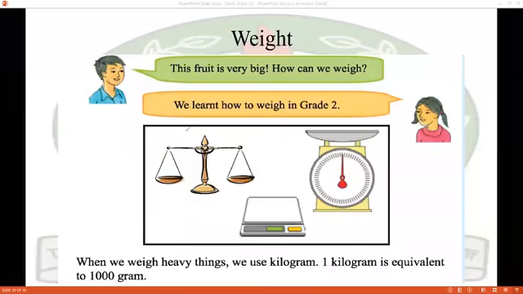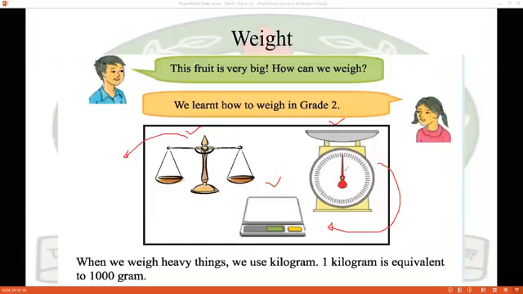This is a physical weighing device. This one is modern and another is an ancient weighing device.